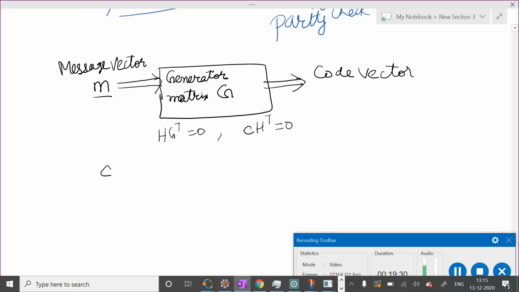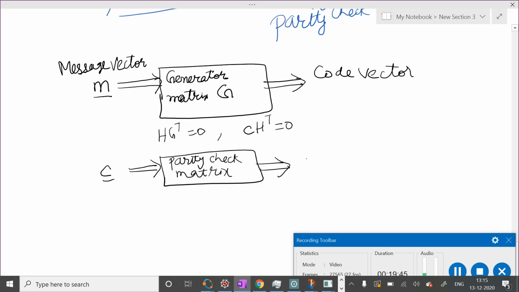So you can write here the code word, here is the parity check matrix, and you get here the null vector, right? Nice.